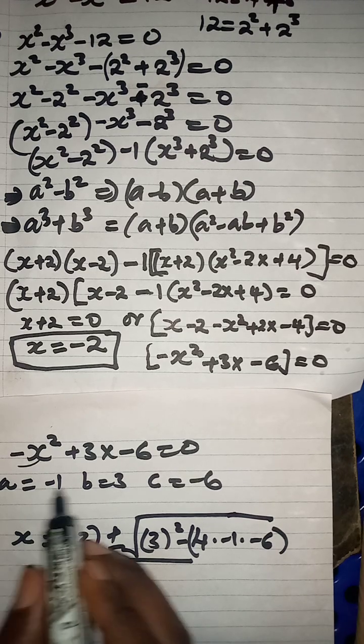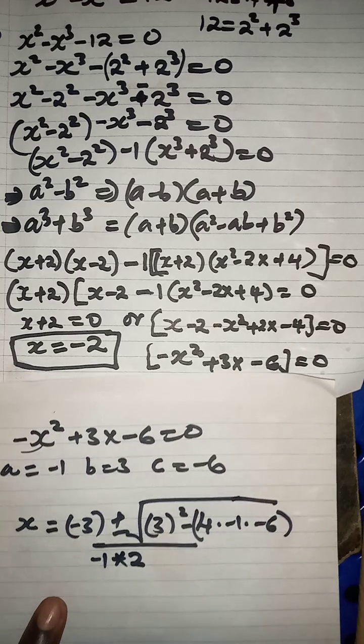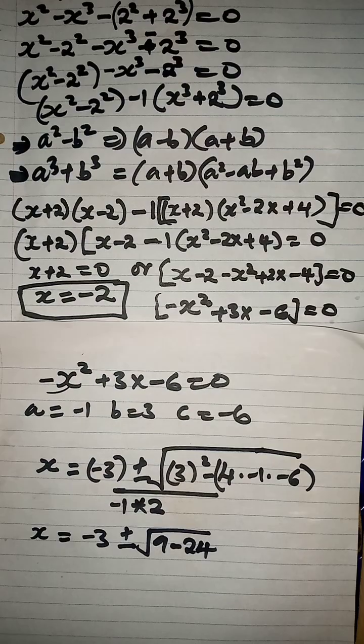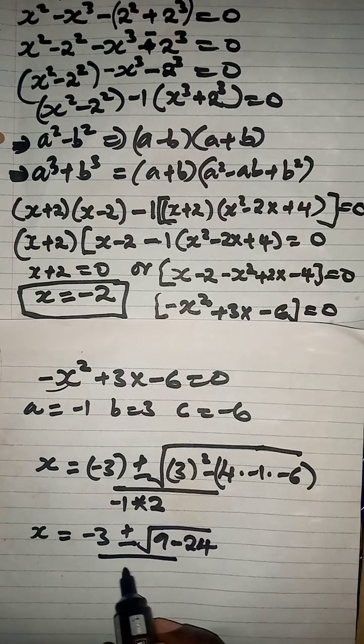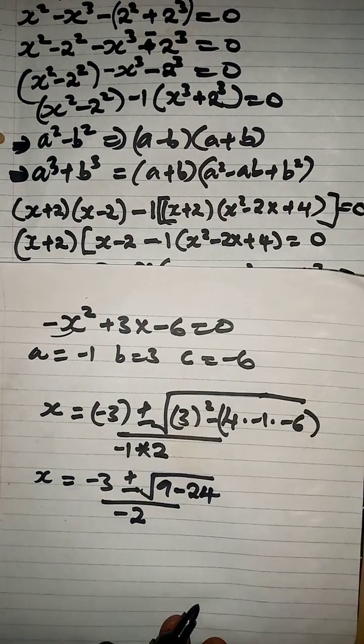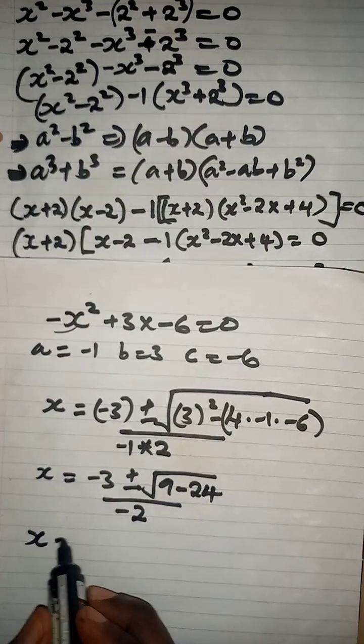Of course, a is negative 1. That is it. I'm going to get negative 3 plus or minus the square root of 9 minus 24 over negative 2, like that. Solving it further.